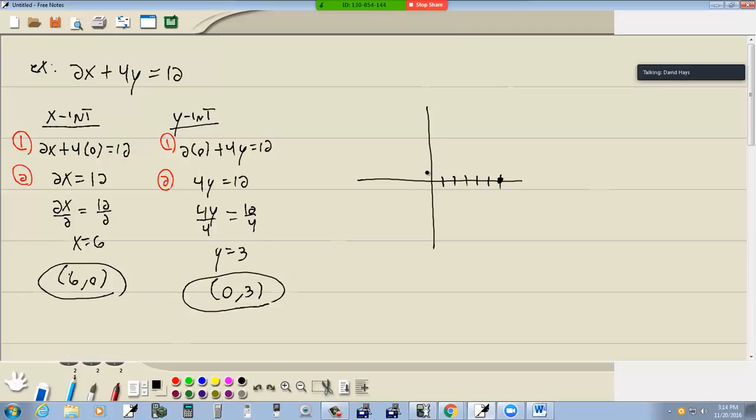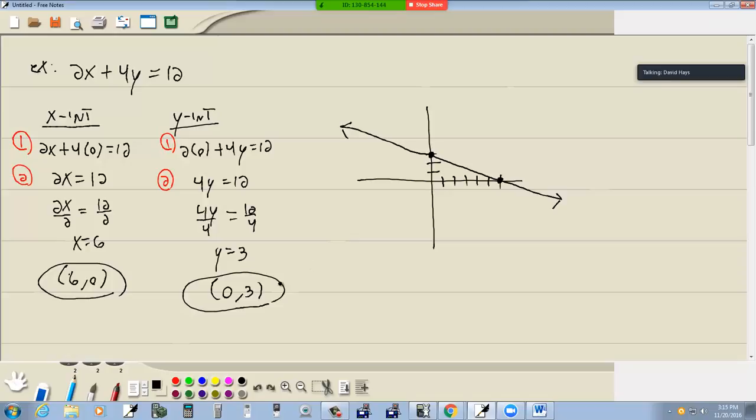Then we got (0, 3). And I go put a point there. And then you draw a straight line through the intercepts. And that'd be your graph. If you're using plotting points and you're graphing a line, then this actually works out fairly well. Maybe better than other methods.